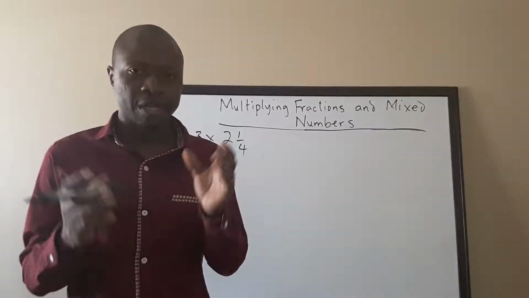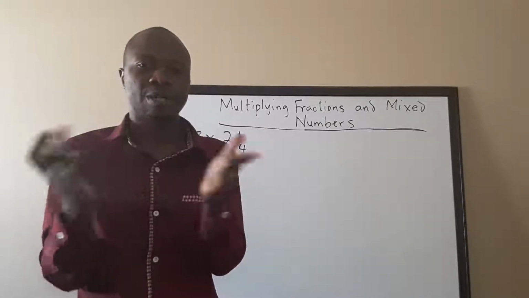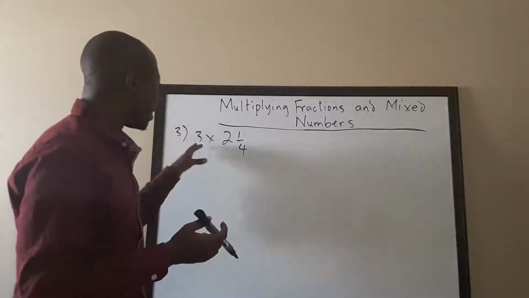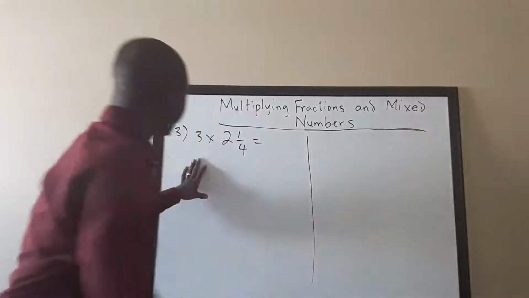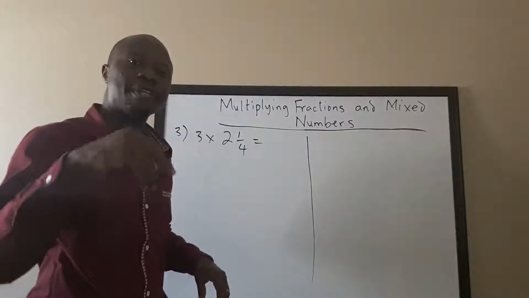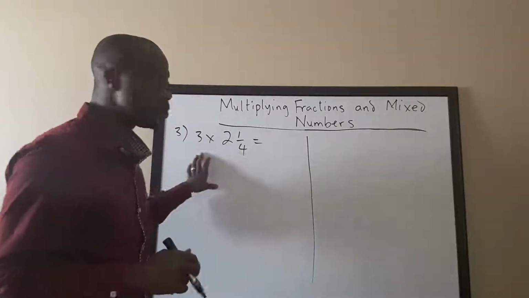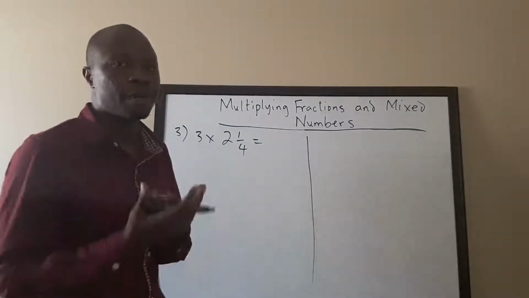Because we want to convert the two of them into fractions, and then we can just multiply them out. Remember, our goal is to convert each of these two into fractions before we multiply them.